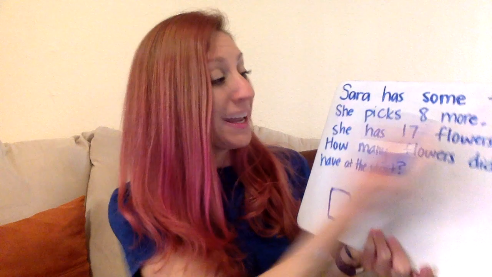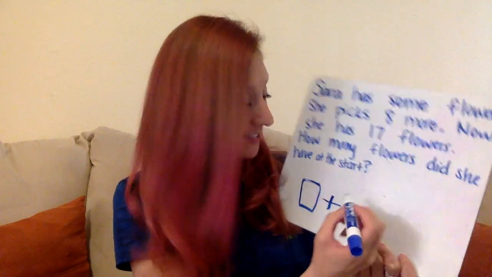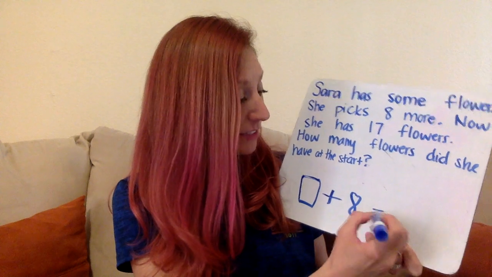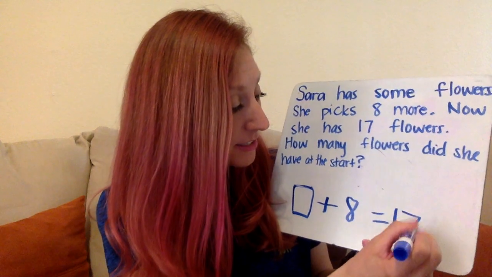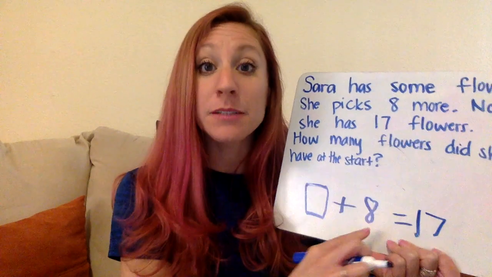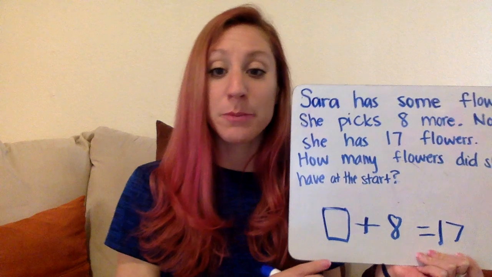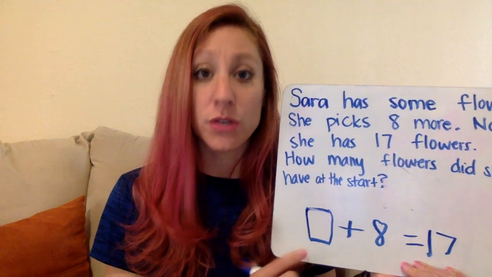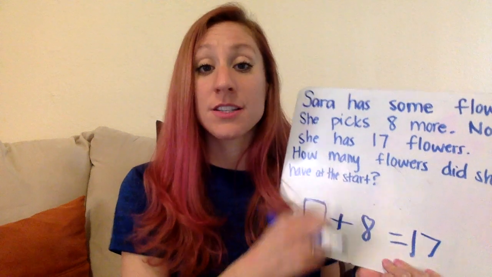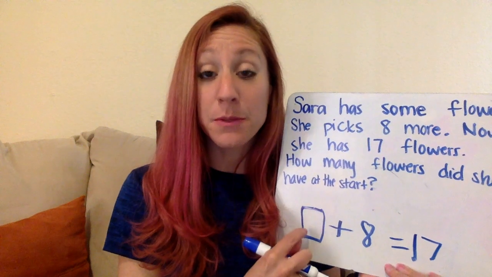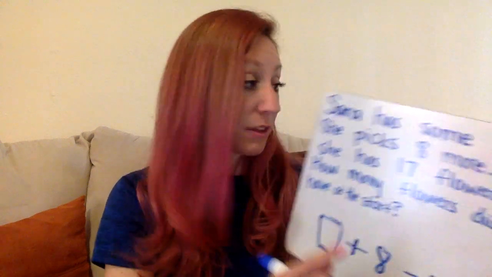And she picks 8 more, so she adds 8 more. So plus 8 equals what she has at the end, which is 17. So something plus 8 equals 17. Now I'm going to draw my picture, but I wanted to start with the number sentence to show you that the mystery box is going to be the answer to the question. That's what we're trying to solve. This problem starts with the mystery because that's what she starts with, which we don't know yet.